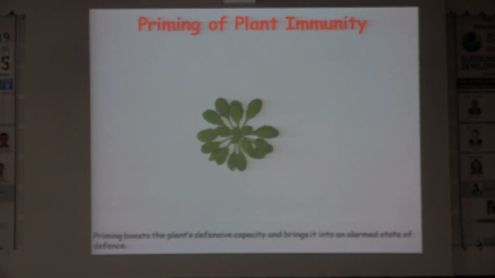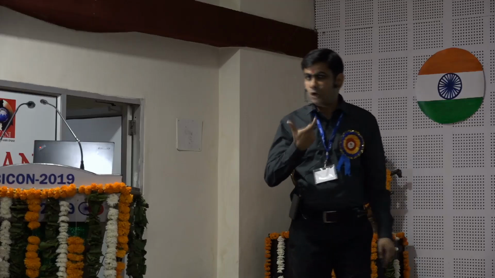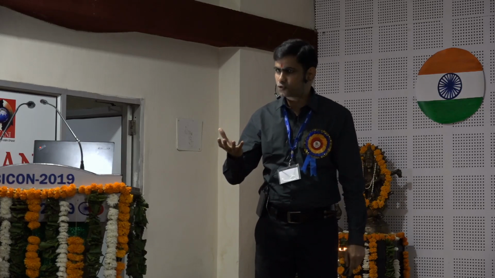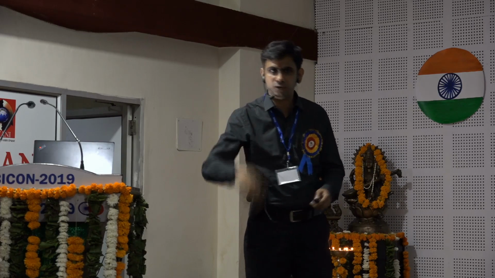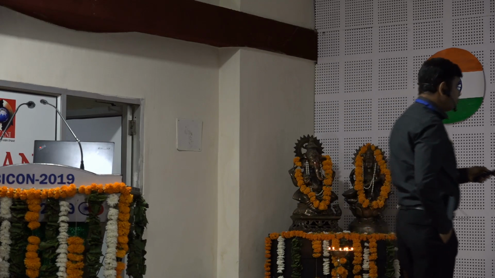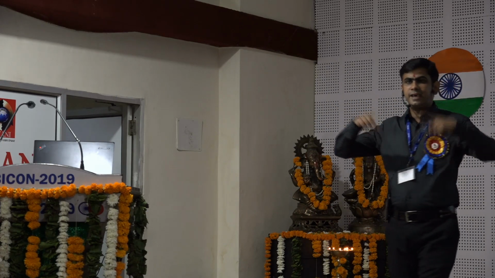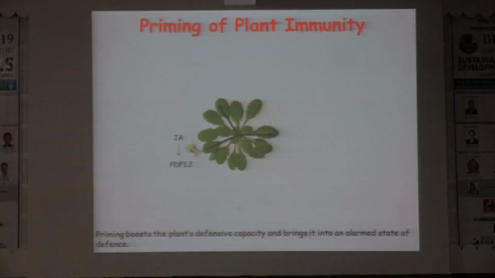Let me give a simple example. This is one of the plants. See here, if it is challenged by any pathogen, there is an activation of some plant hormones and some defense genes, similar to the case of the human cell. However, during this, there is a mobile signal that will translocate to the distal part that is not challenged.